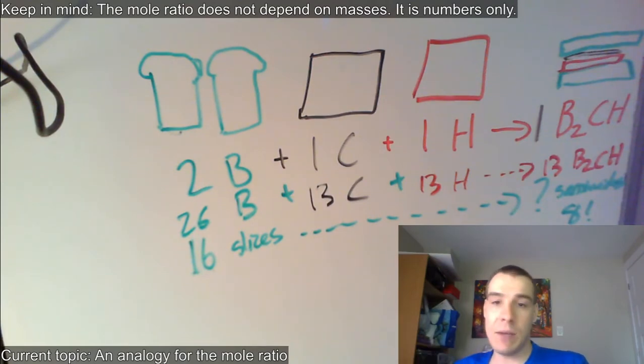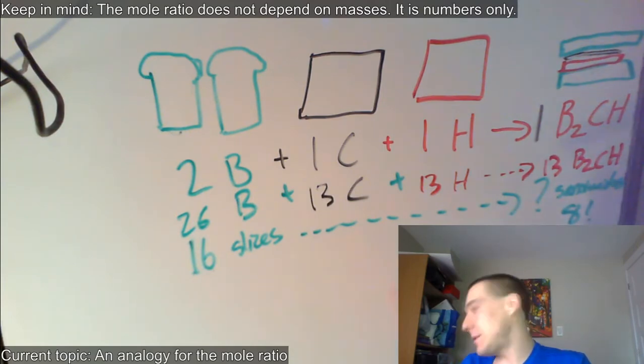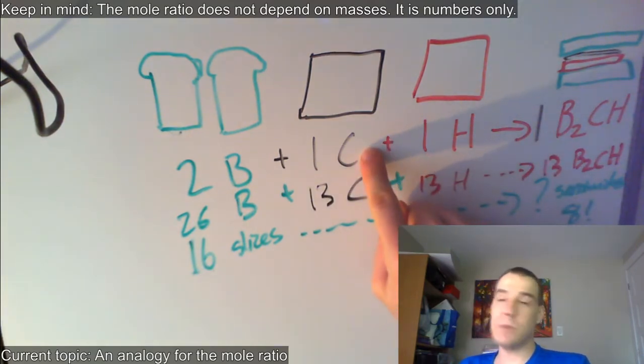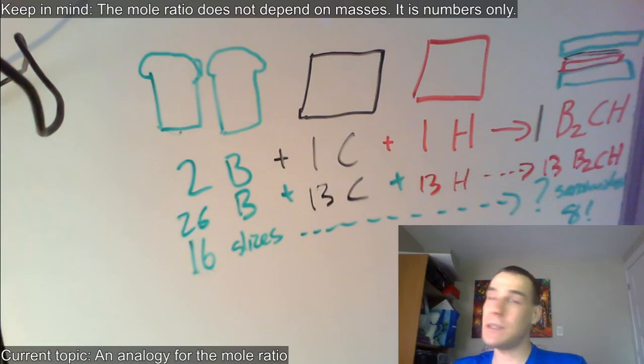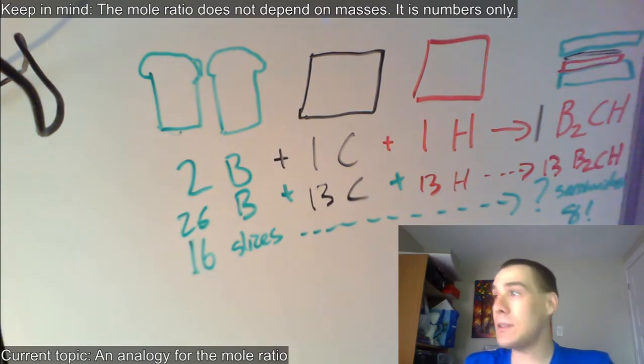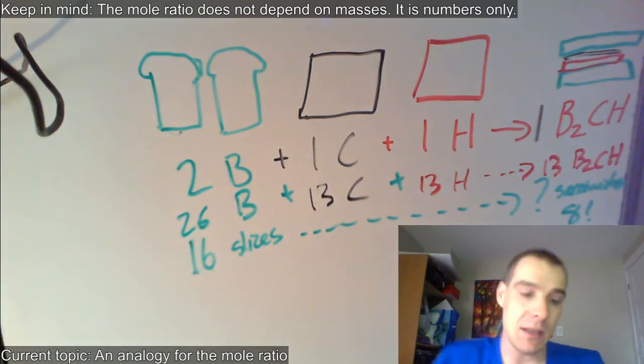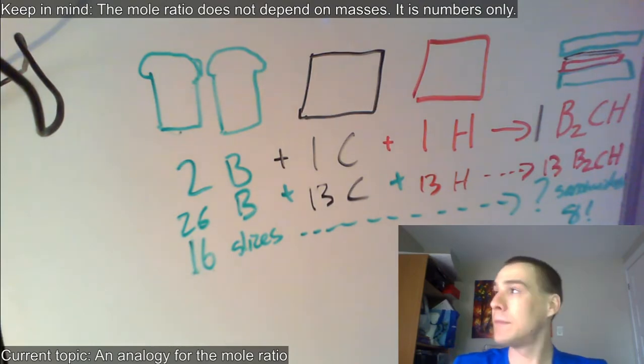You make 1 billion sandwiches, which means you could have like 0.3 billion pieces of bread, which means you'd need half of that, 0.15 billion pieces of cheese. So the mole ratio can be fractional as well because of the massive number of chemicals in a mole.